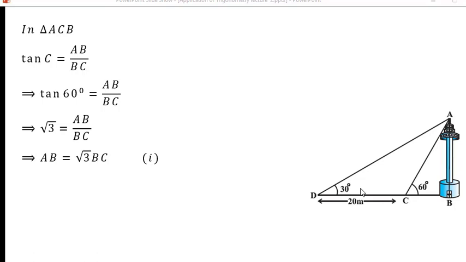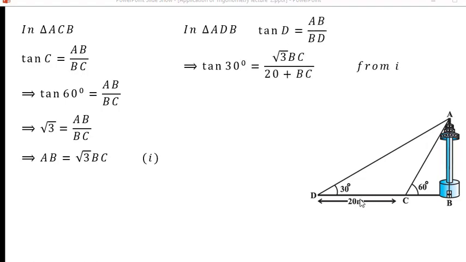Next I will take triangle ADB. In triangle ADB, tan D is equals to AB upon DB or BD, I will say. Now the value of BD I can write 20 meter plus BC, and AB we have found in equation 1 as root 3 BC. Value of tan 30 is 1 upon root 3.